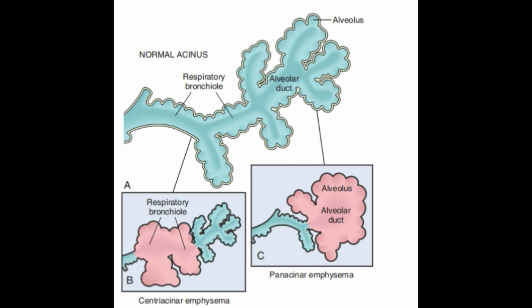Now the expiratory obstruction may result from anatomic airway narrowing, classically observed in asthma, or from loss of elastic recoil, characteristic of emphysema.